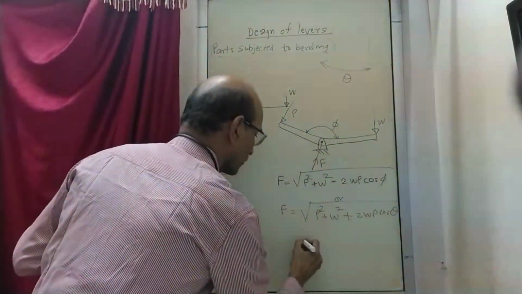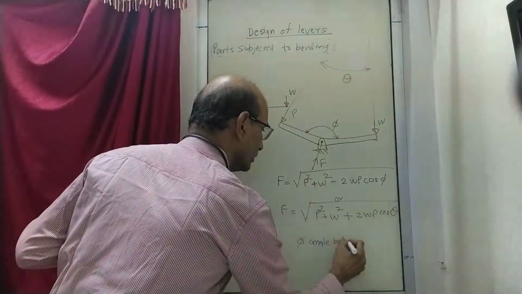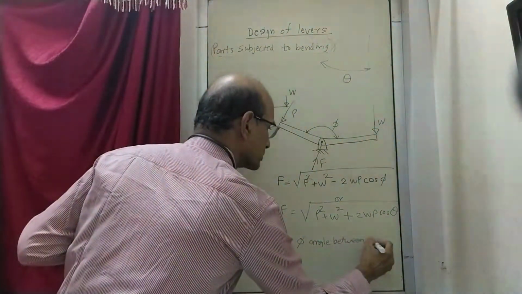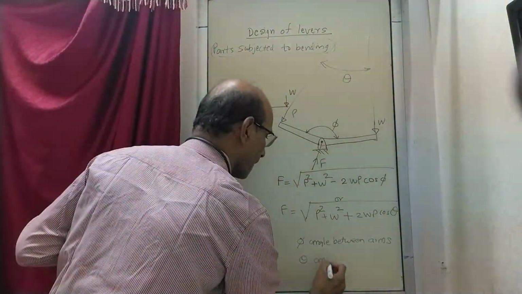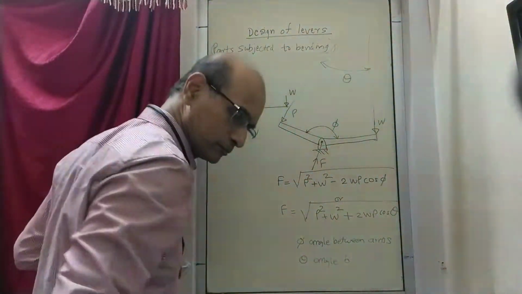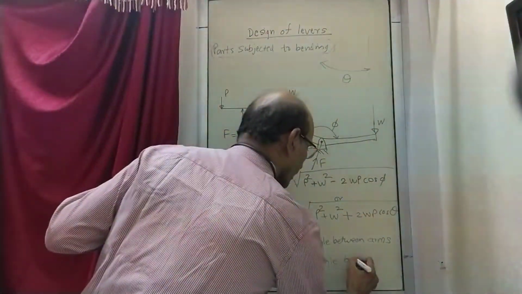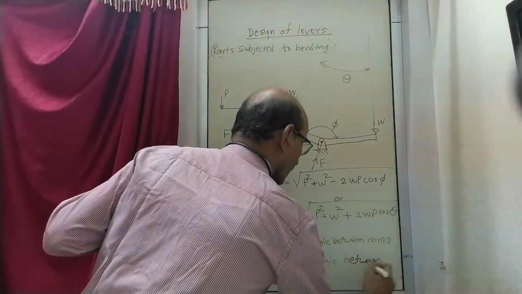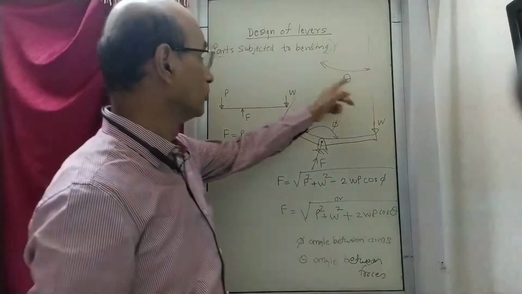So you can see here phi is the angle between the arms and theta is the angle between the forces.